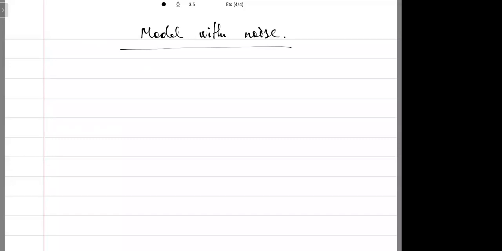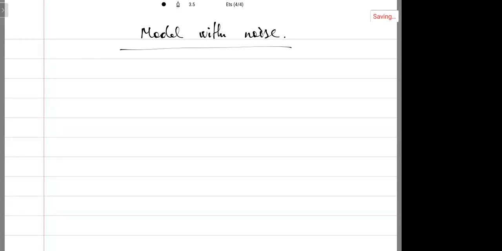I just started with a model without noise to simplify the introduction. We never use a model without noise. That's just to introduce the idea of decomposition of YT into LT, BT, and ST.